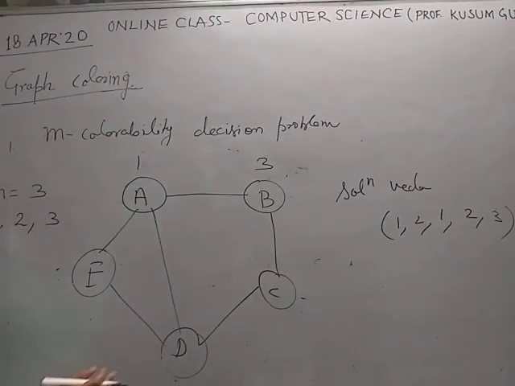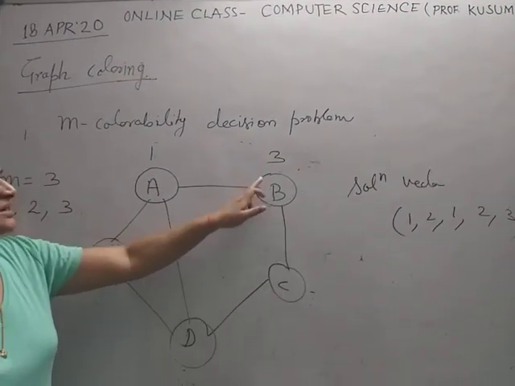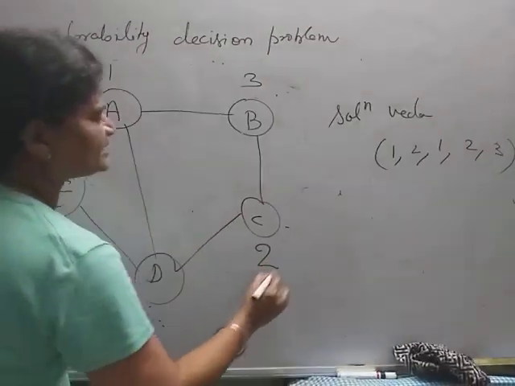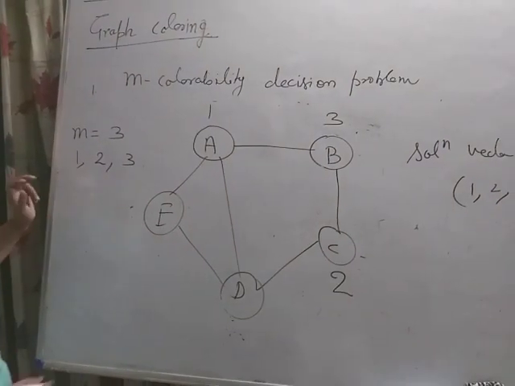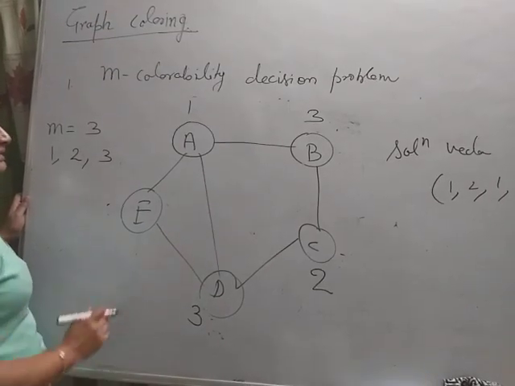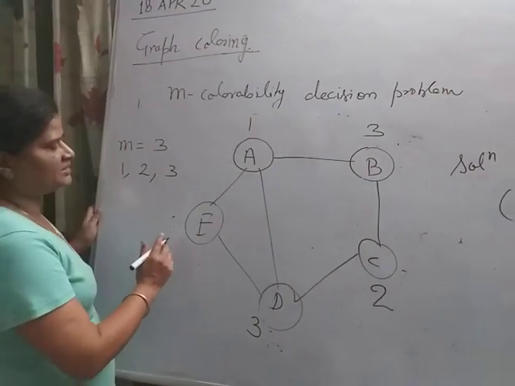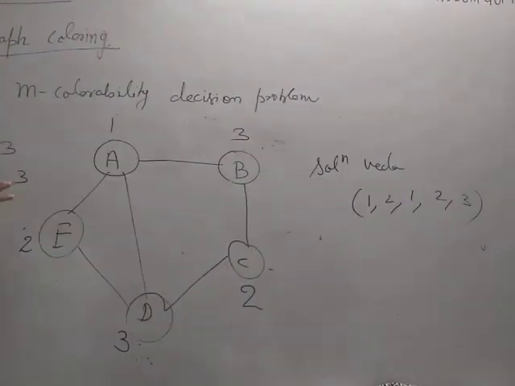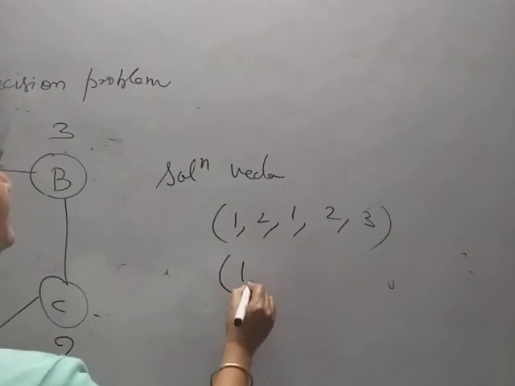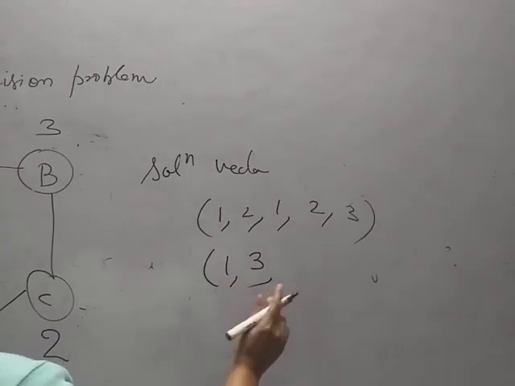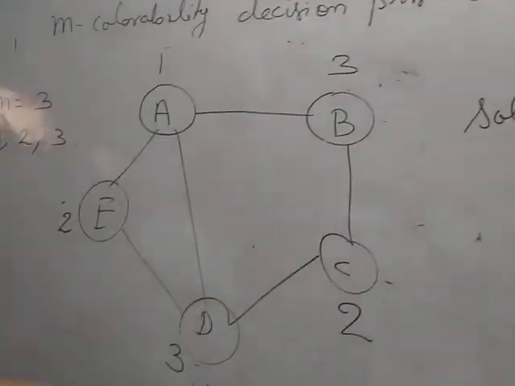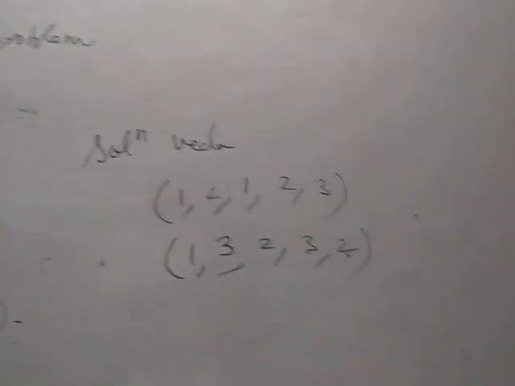Suppose I color the second vertex with color number 3, then C can be colored with 2, D with 3, and E with 2. So the second solution is 1, 3, 2, 3, 2. In this way there can be a number of solutions.